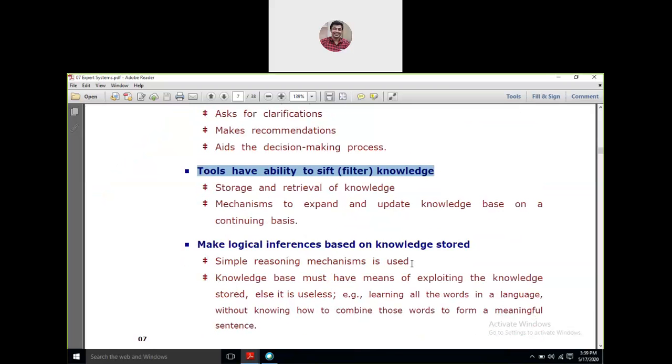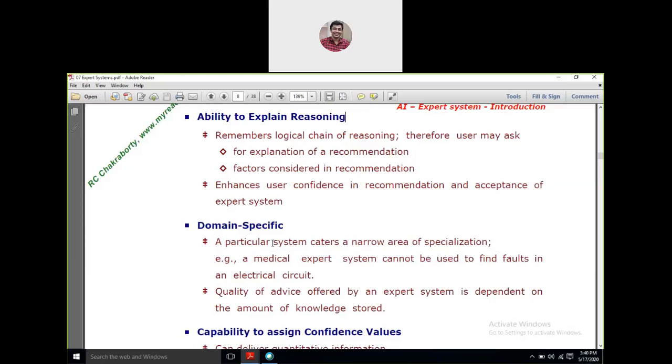Ability to explain reasoning. Right? It is domain specific. Now, capability to assign confidence values. This is also one of the characteristics of the expert system. Then we do have the application, the cost effectiveness, right? Let us see one by one. What are they?